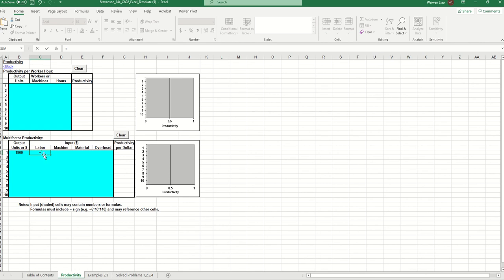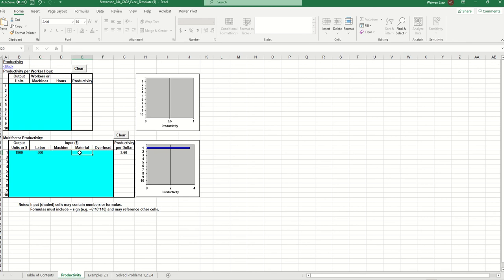For example, if you have 5 workers and each of them has worked 10 hours to produce these 60 units of output, and the hourly wage is $10, then your labor cost will be 5 workers times 10 hours, times $10 per hour. After you enter the formula to figure out the labor cost and click enter, you will have $500 as your labor cost.